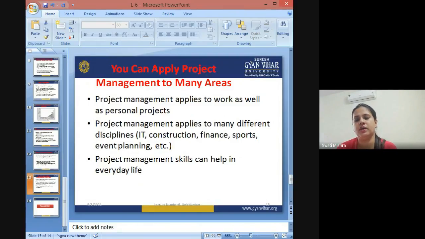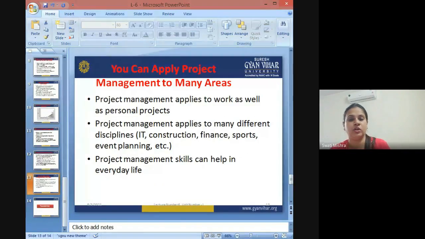So now that we are talking about the practical applications of project management to multiple different areas, it is highly important for us to understand where we can apply project management, right?